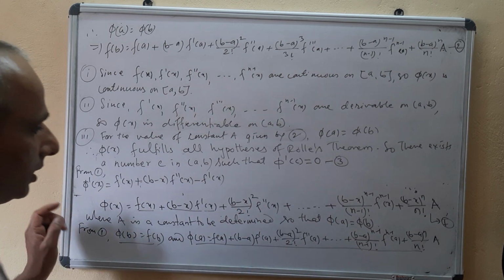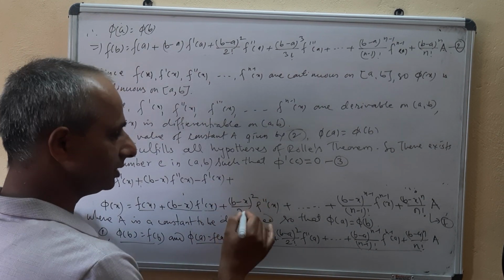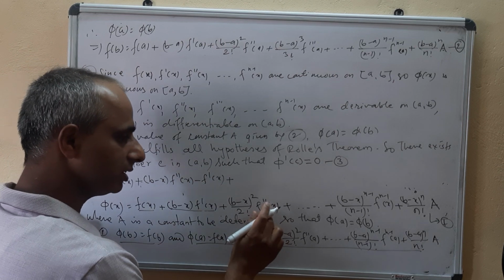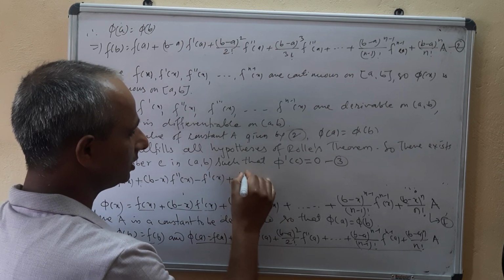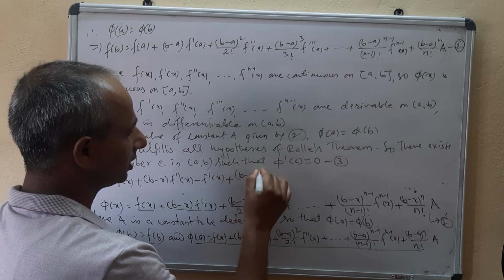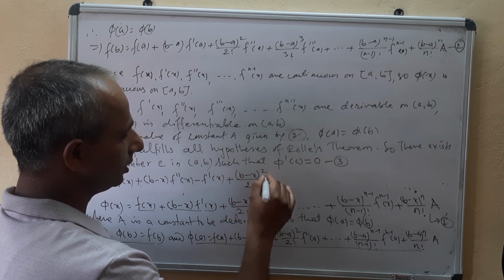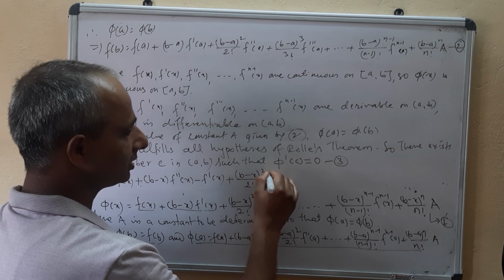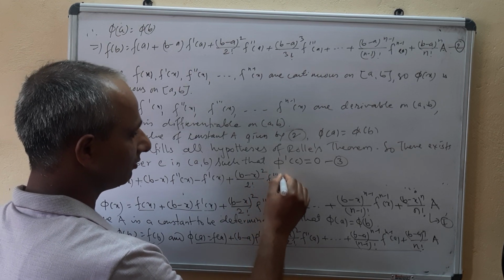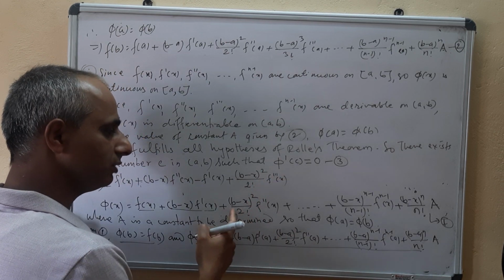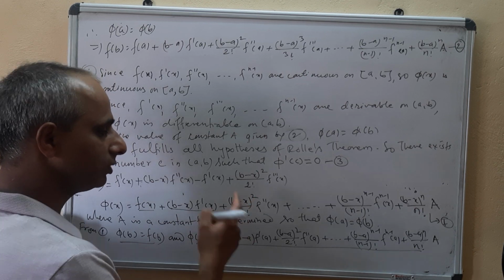Now go to the third term. Here I first differentiate f double dash x, with b minus x whole square divided by 2 factorial, and the derivative of f double dash x will be f triple dash of x. Now I need to differentiate b minus x whole square by 2 factorial.